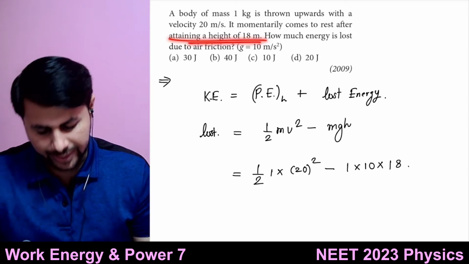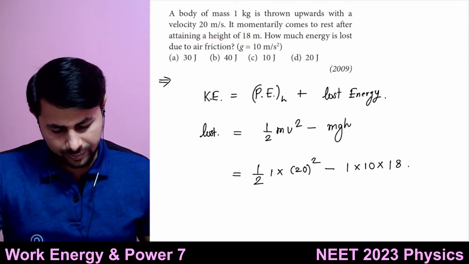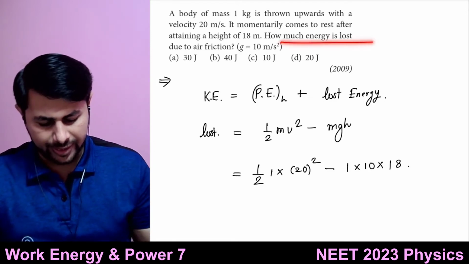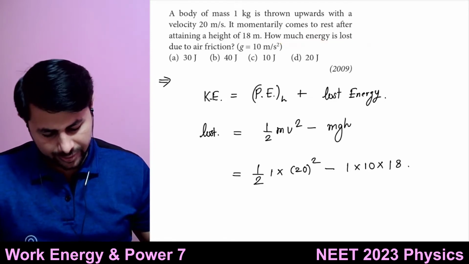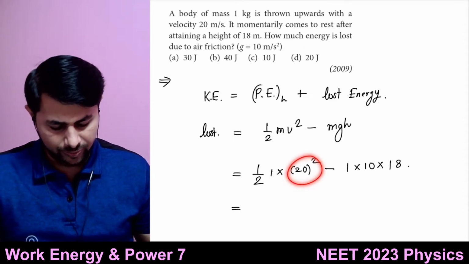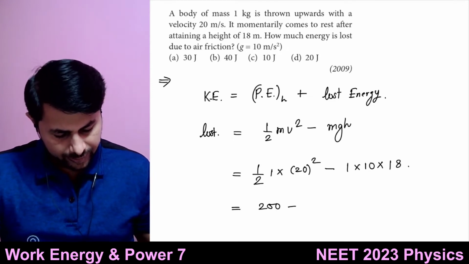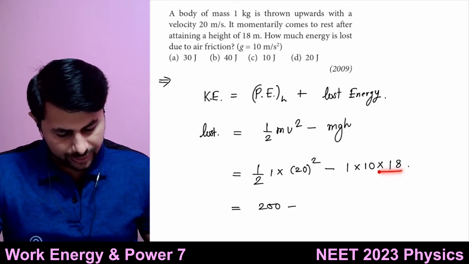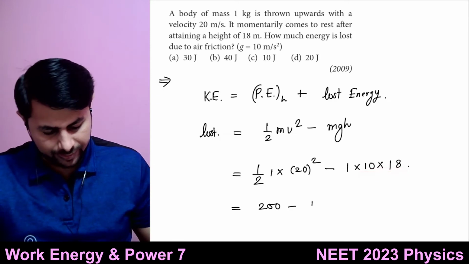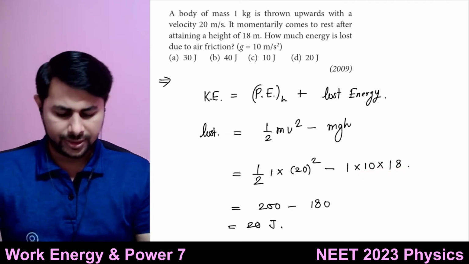It attains the height of 18 meters, right? So how much is the energy loss due to air friction? 20 square is 400, 400 divided by 2 is 200, minus 18 times 10 is 180. So 20 joules is the answer.